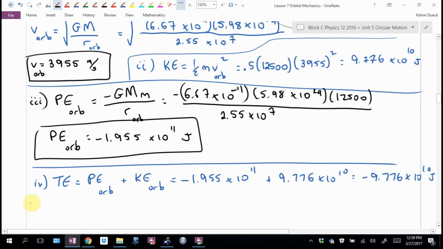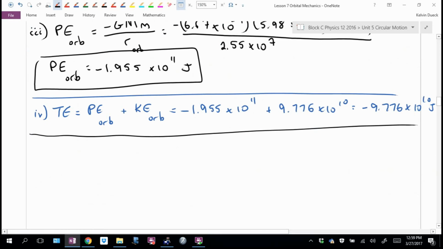What's the last thing they want me to find? No, not the last thing. There's 2 more. Matt, what does part 5 want me to find? Potential energy at launch? Can I call that PE initial? Because I think that would be launch.